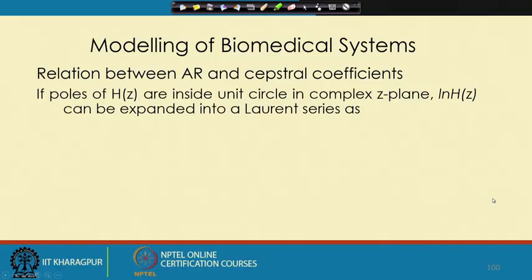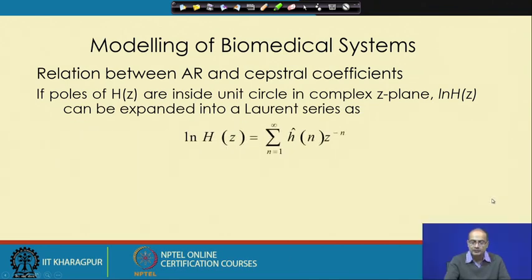So, from that, what we do first is take the all-pole model H(z), where the poles are located inside the unit circle, and using the Laurent series we can represent it as a power series.